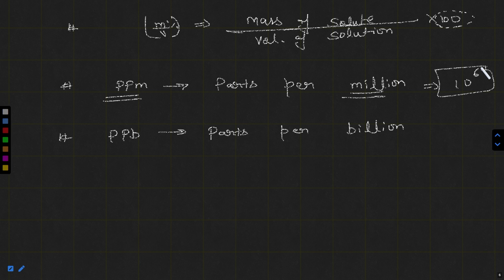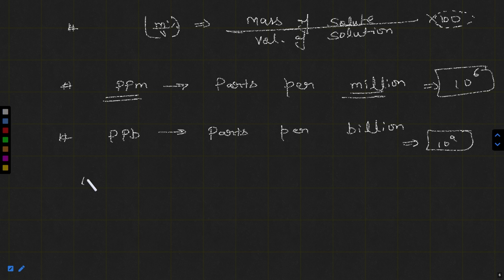You know, like the composition of DDT in water, that is getting dissolved, and we can measure the amount of DDT in ppm. We can measure the concentration of DDT in rivers or in other water sources in ppm. ppb is parts per billion. In case of ppb, you have to multiply with 10 raised to the power 9.